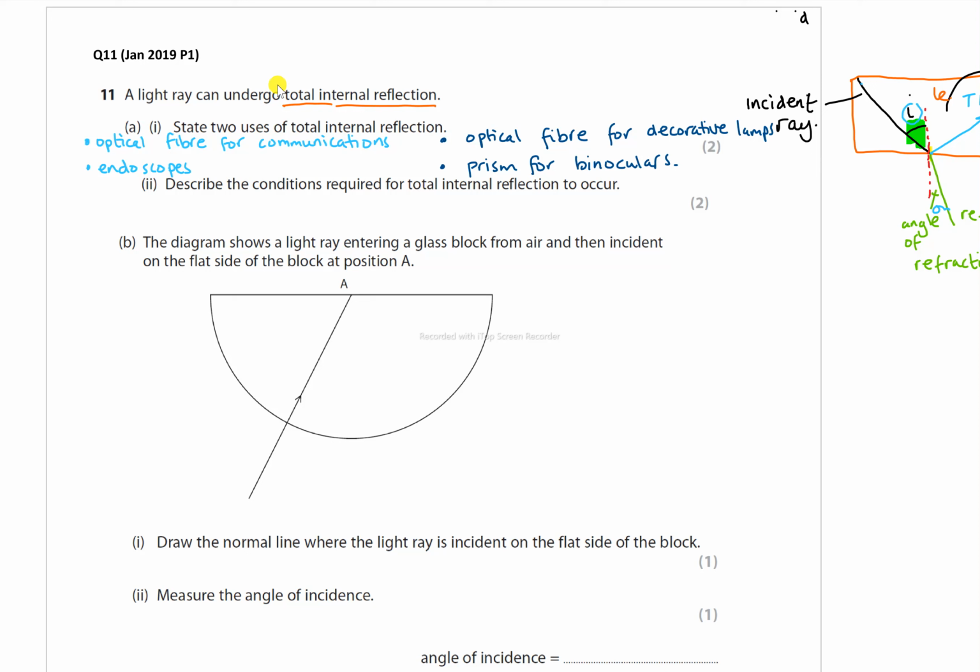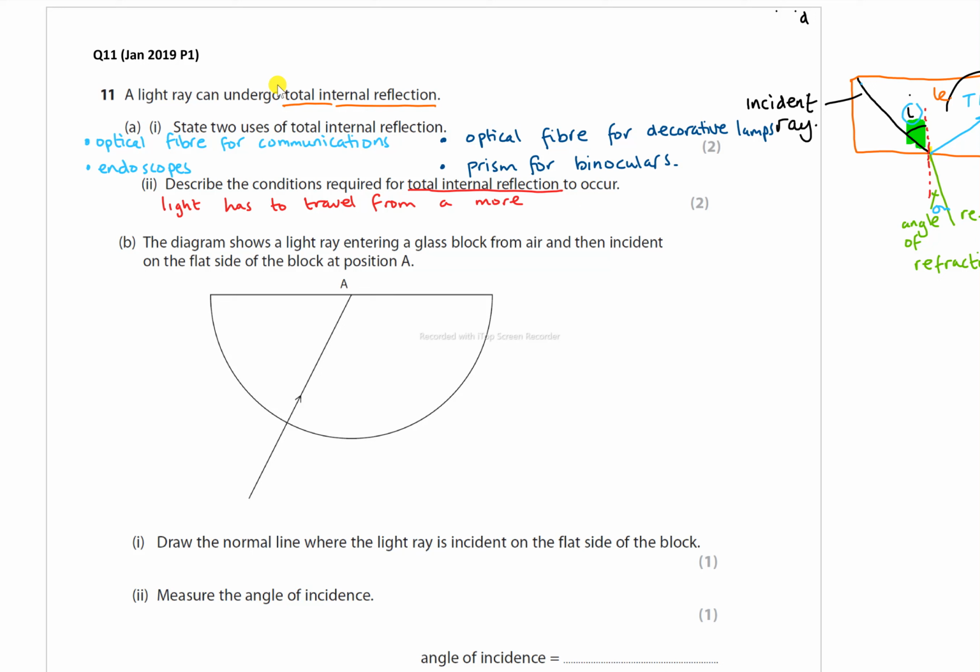Describe the conditions required for total internal reflection. Okay. So first of all, the light has to travel from a more dense, or more optically dense, let's use the word optically dense instead of dense.